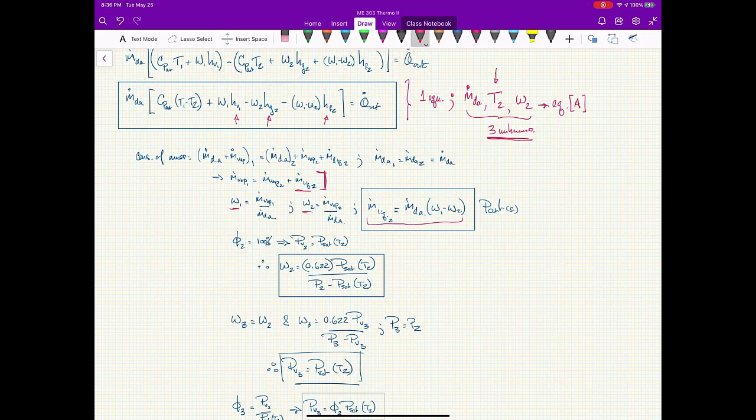I know that at state 2, my relative humidity is 100%, right? Because I'm saturated. The problem tells us that. So if I'm saturated, my relative humidity is 100%. And I know that the definition of relative humidity is the ratio between PV2 and the P saturation at T2. So if I'm at 100%, then my vapor pressure at 2 is simply the saturation pressure at T2.